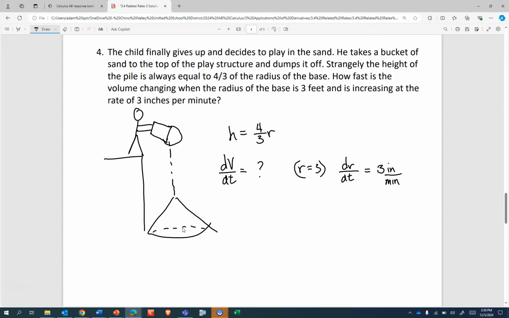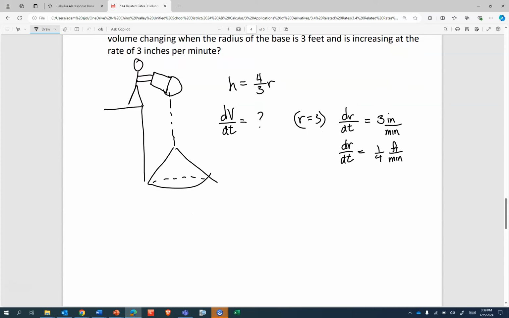Now the thing is, hopefully you noticed, dr/dt is no good. The rate of change of the radius is 1/4 foot per minute. We need to make sure that we have all our units matching. The volume of a cone is 1/3 pi r squared h. And in this case, we don't want the h.